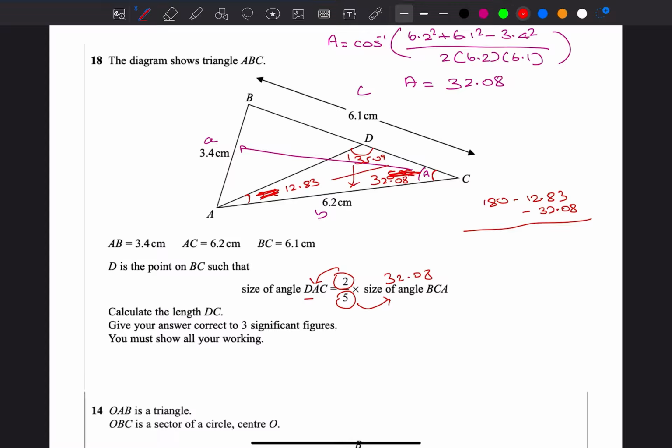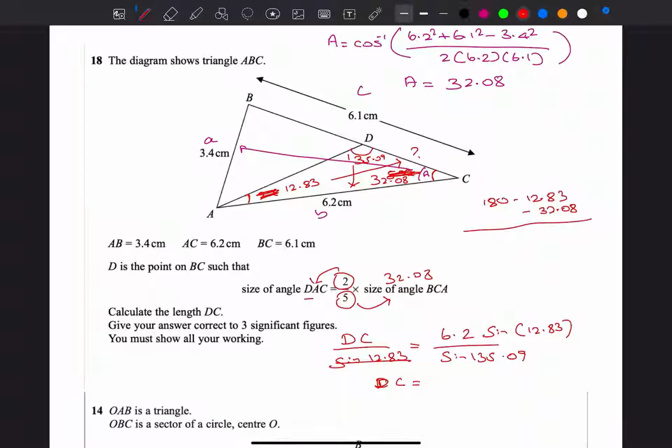These two and these will go here. So you're working out DC or CD. Okay, so let's call this DC over sine 12.83 equals the other one, 6.2 over sine 135.09. Multiply up here by sine 12.83.